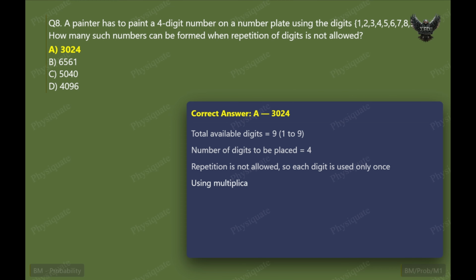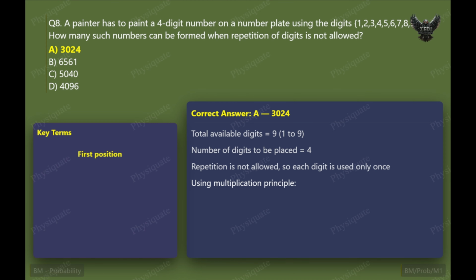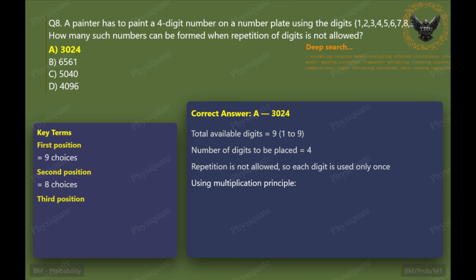Using multiplication principle. First position equals 9 choices. Second position equals 8 choices. Third position equals 7 choices.